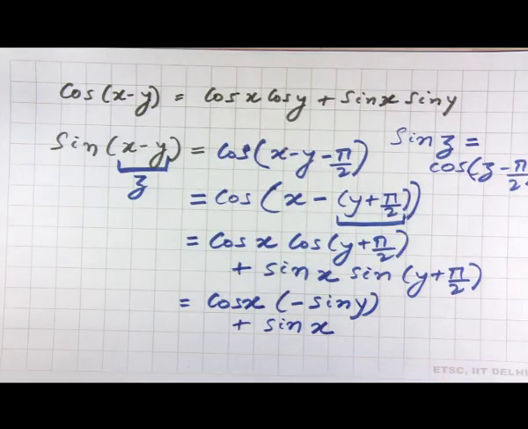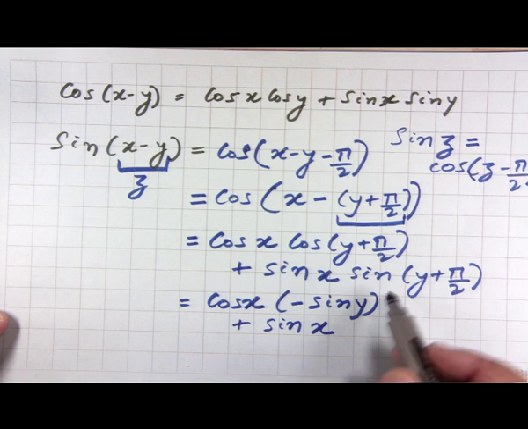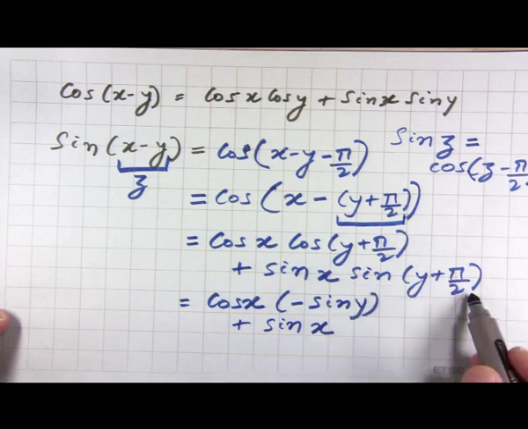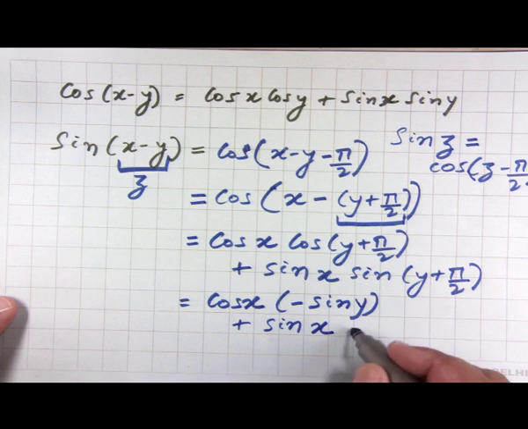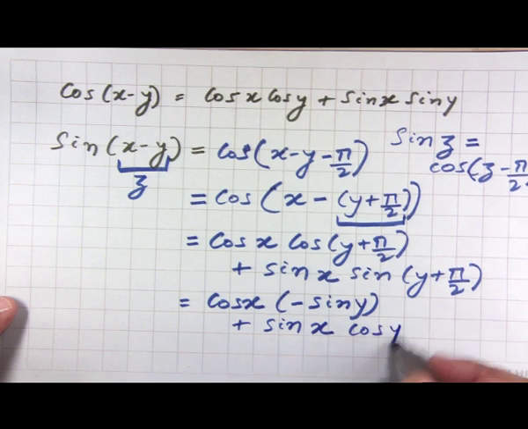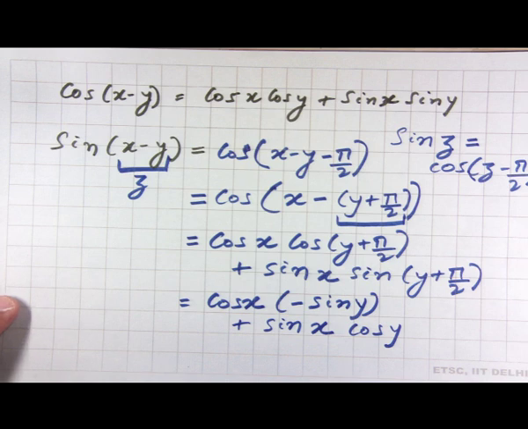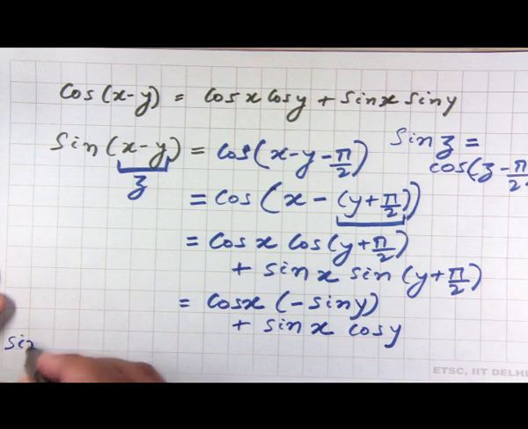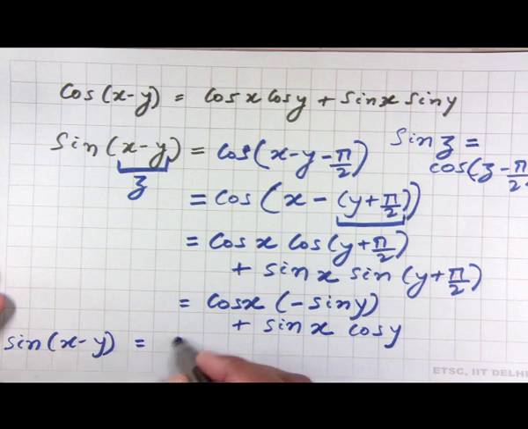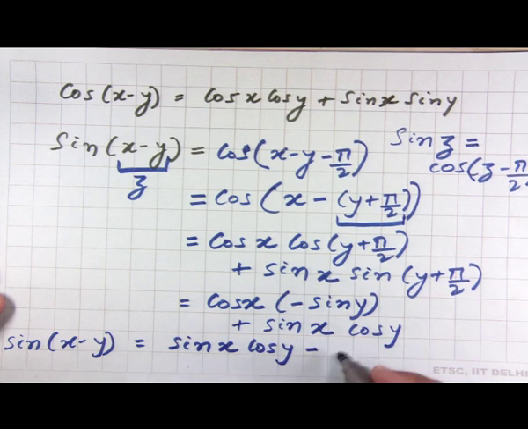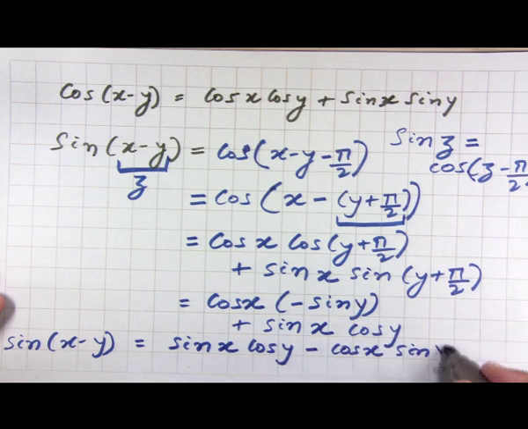And that is the final expression: sin of x minus y is equal to sin x cos y minus cos x sin y.